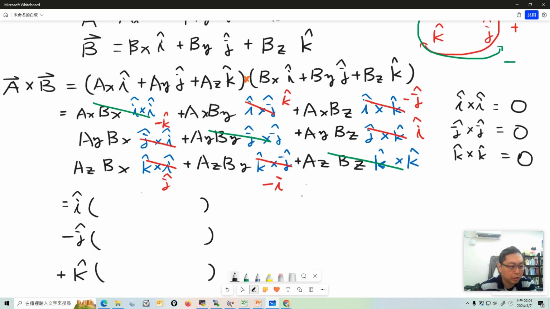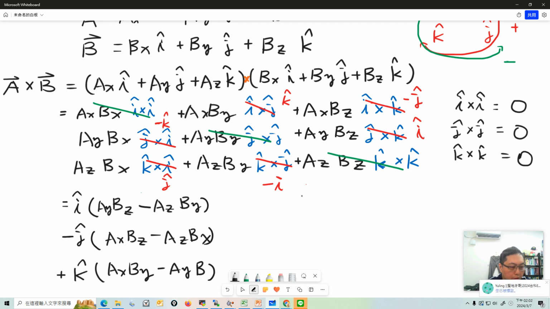Here it is AYBZ minus AZBY. Then for J: AXBZ minus AZBX, with the minus sign in front of J. And finally K: AXBY minus AYBX.